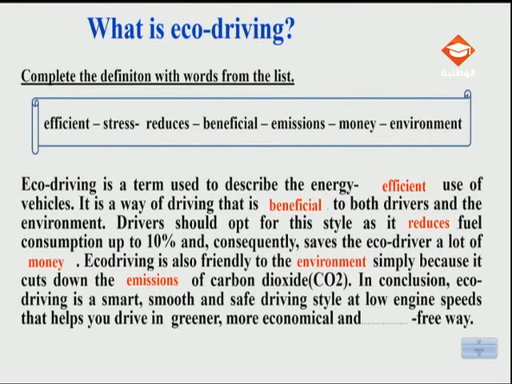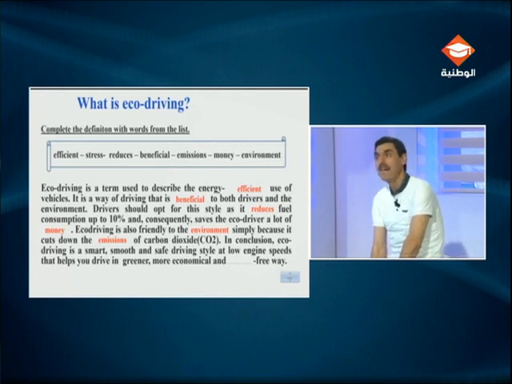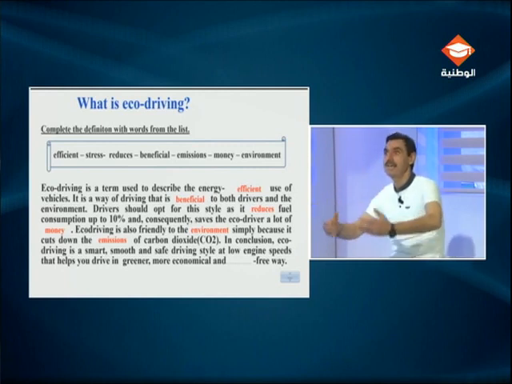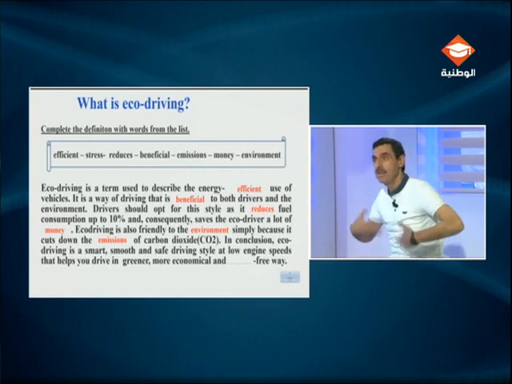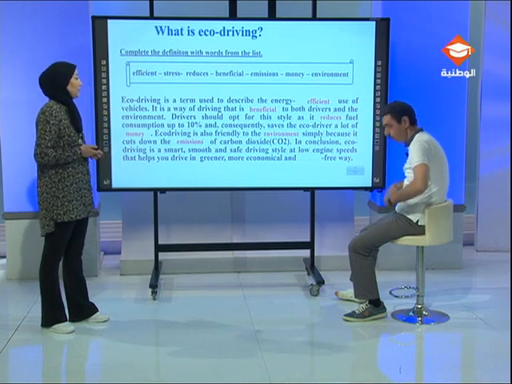In conclusion, eco-driving is a smart, smooth and safe driving style at low engine speeds that helps you drive in a greener way. Yes, to go green. It has nothing to do with wearing green clothes. If you go green or if you are green, it means you care about our environment and you are active in protecting it. I hope I am green, although I don't look it.